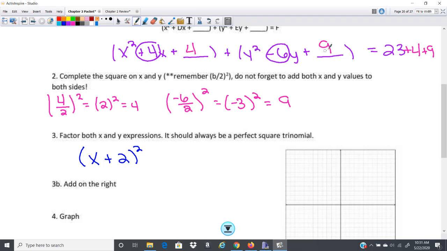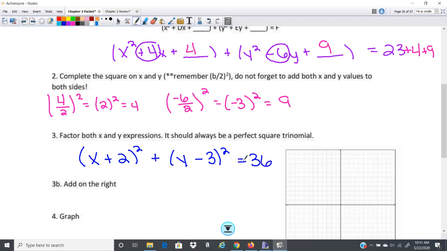And then the same thing here, what multiplies to 9 and adds to negative 6, that would be negative 3 and negative 3, which would give us y minus 3 squared. Then over here I go 23 plus 4, which is 27, plus 9 gives me 36.